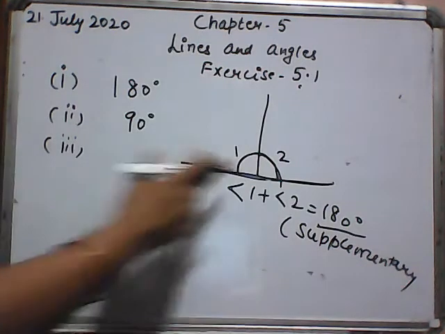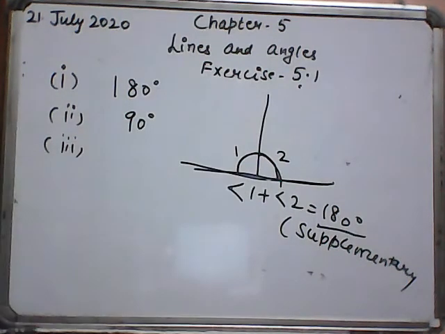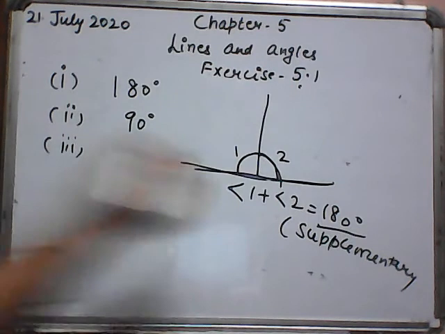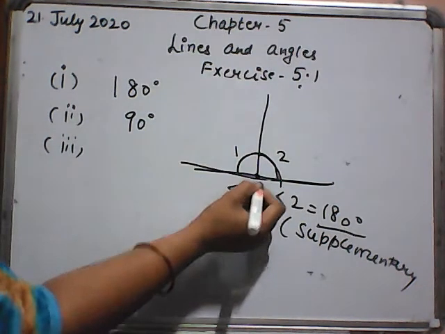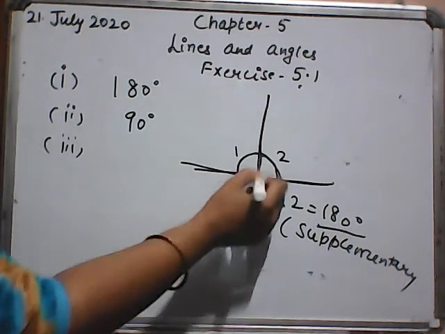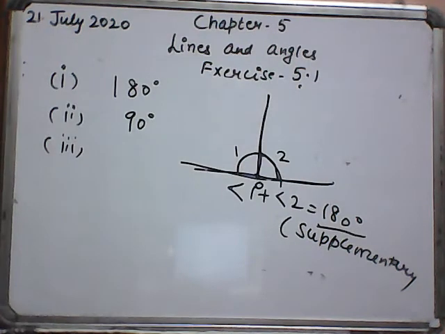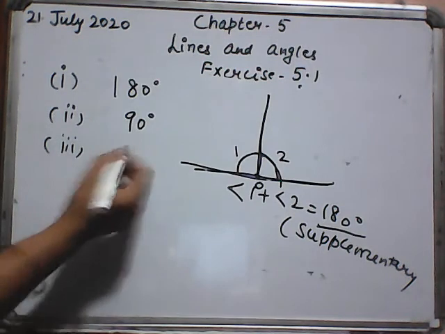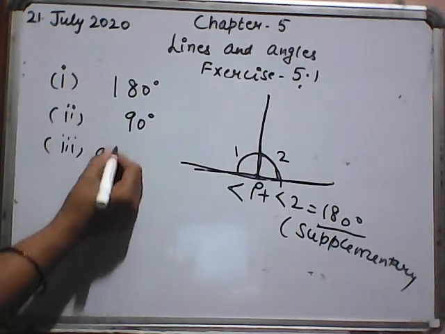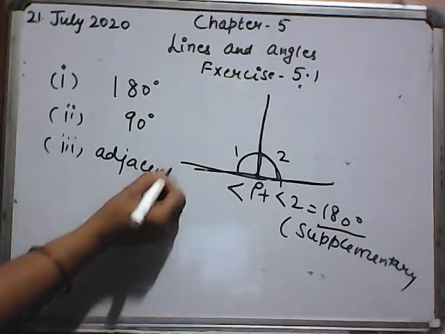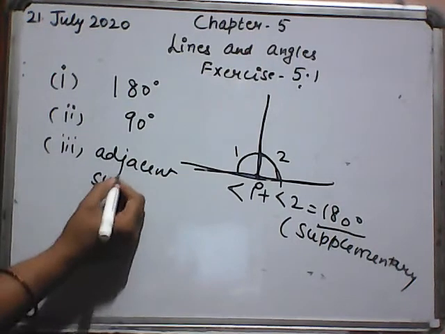Now, angle 1 and angle 2 are both adjacent angles, as they have a common vertex, they have a common arm, and the non-common arms are on the opposite sides of the common arm. So angles of a linear pair are adjacent as well as supplementary angles.